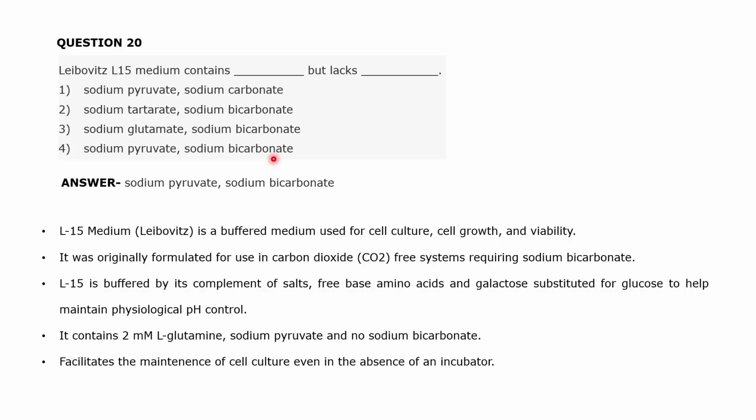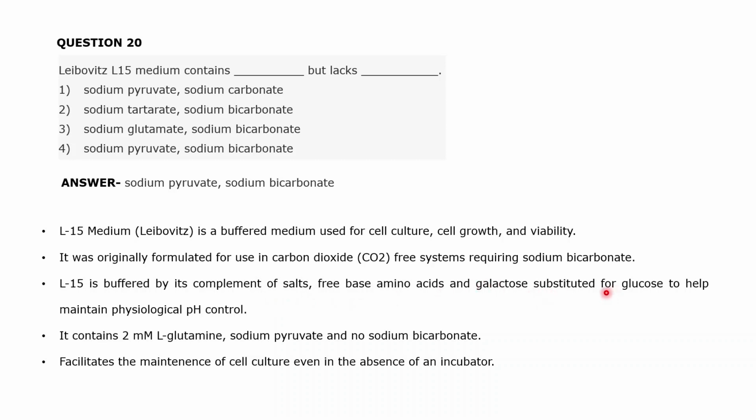So if you are growing a cell culture in Leibowitz 15 or L15 media, you don't need to grow it in a CO2 incubator. You don't need to provide CO2 from outside, because the buffering does not depend on this type of buffering. L15 is buffered by other components: the complement of salts, free basic amino acids, and galactose.